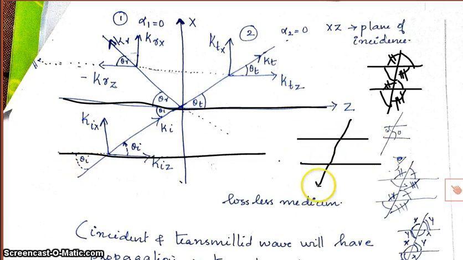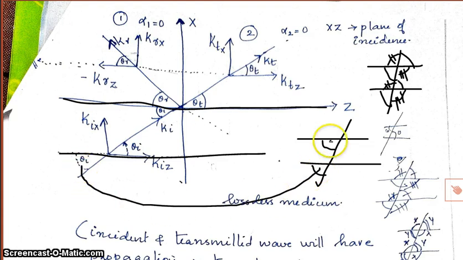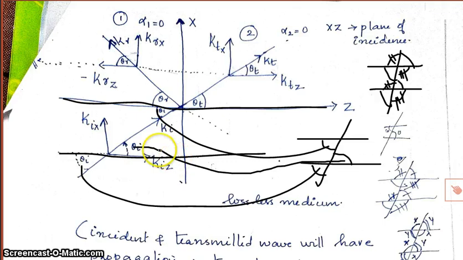So this is theta I and this is theta I. If this is theta I, then this is also theta I. Okay, so I have drawn theta I here.